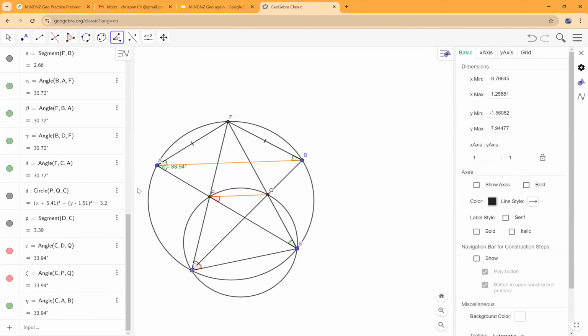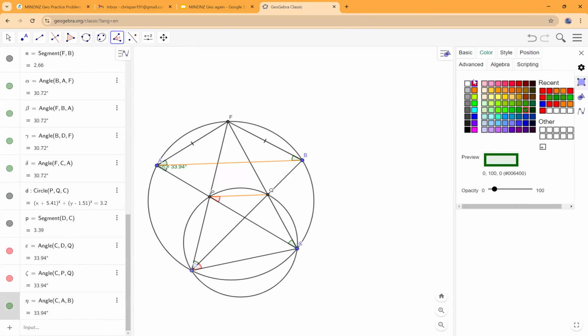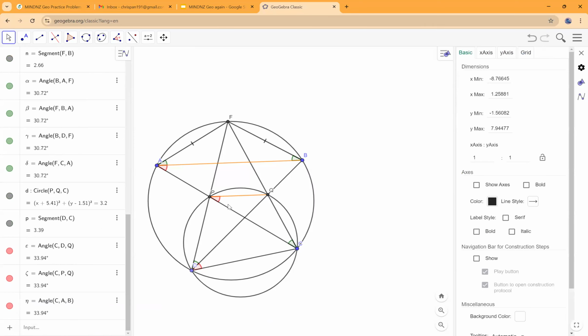So you have this red angle here. Using the small circle, you can see that's equal to this red angle at the bottom. Then using the large circle, you get that it's also equal to the red angle right at the top.